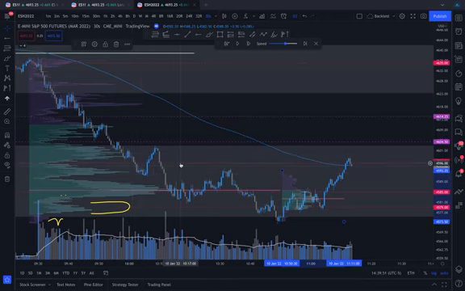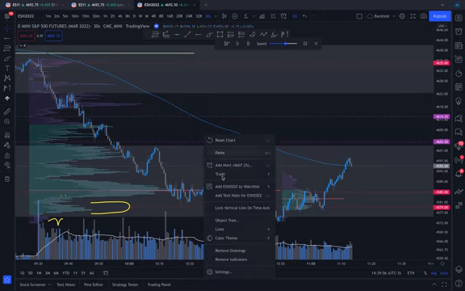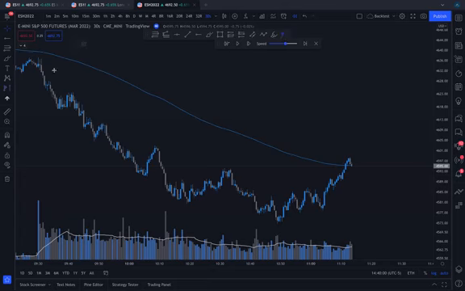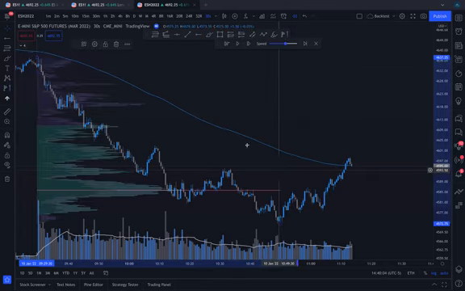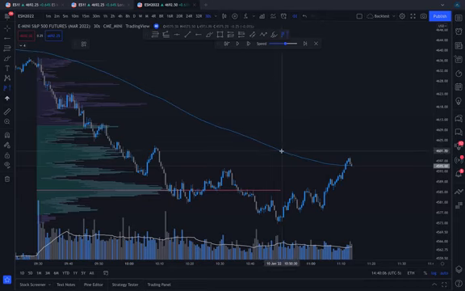And again, what you might want to do, here, let's do this. Let's remove our drawings. Let's just put this back on here, our downswing, and start to draw our upswing.